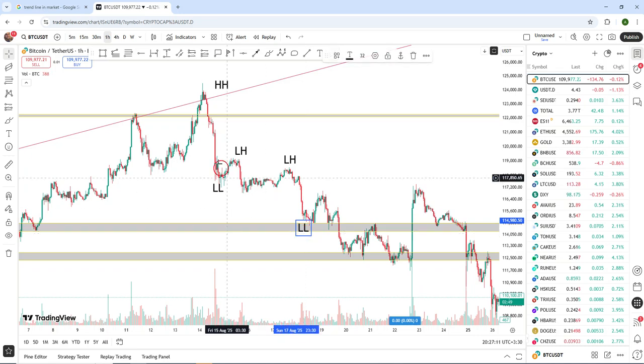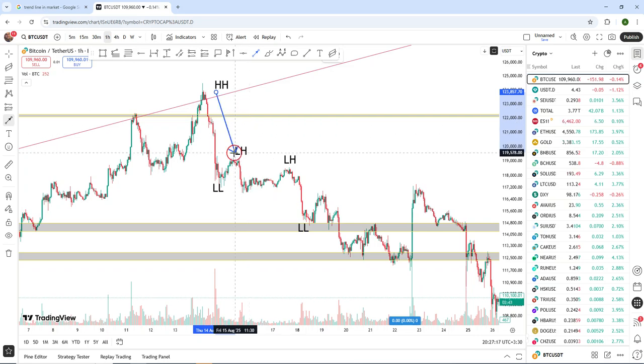As you can see, price is coming down from this area to this area. This area is higher high, and this area is lower low.